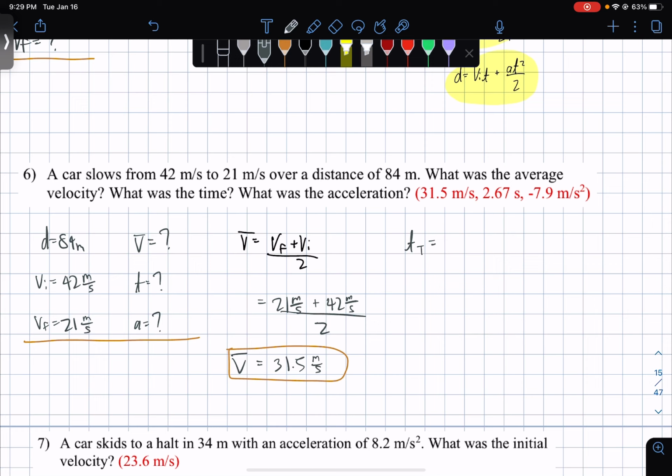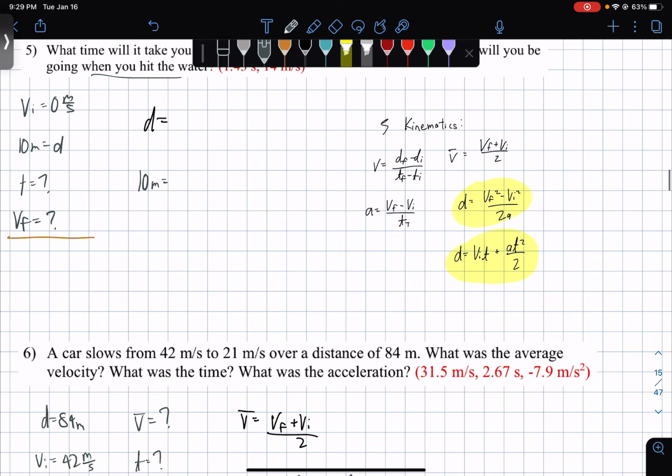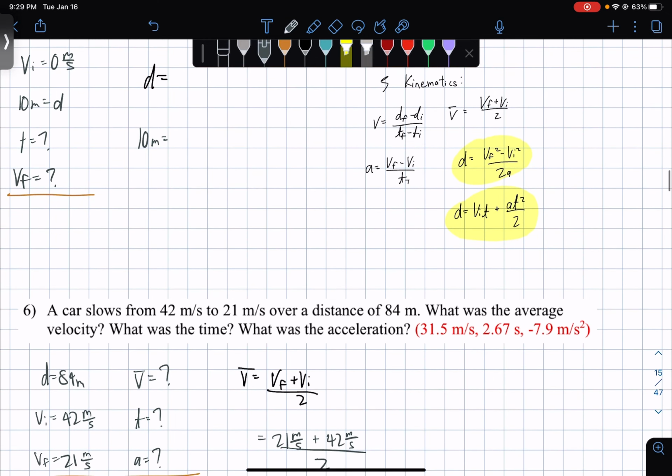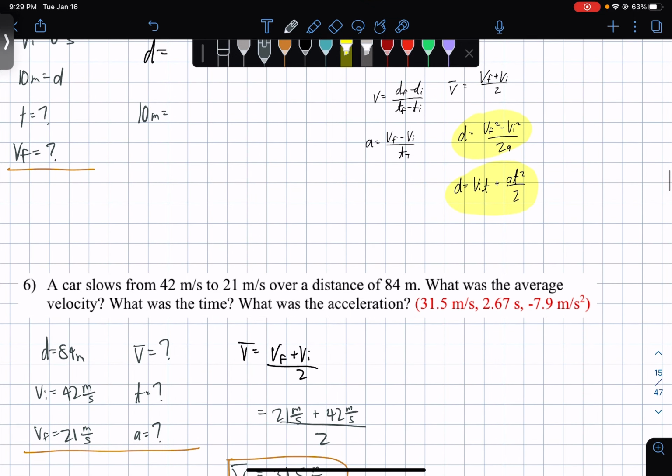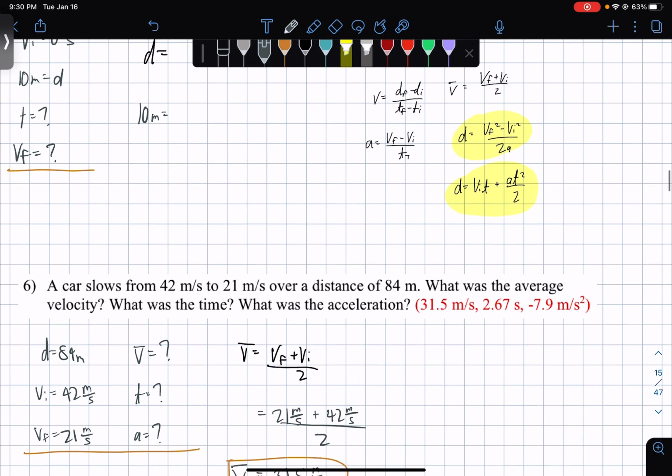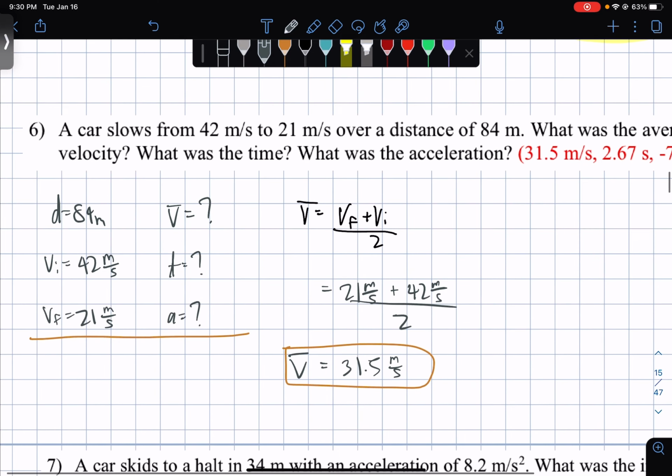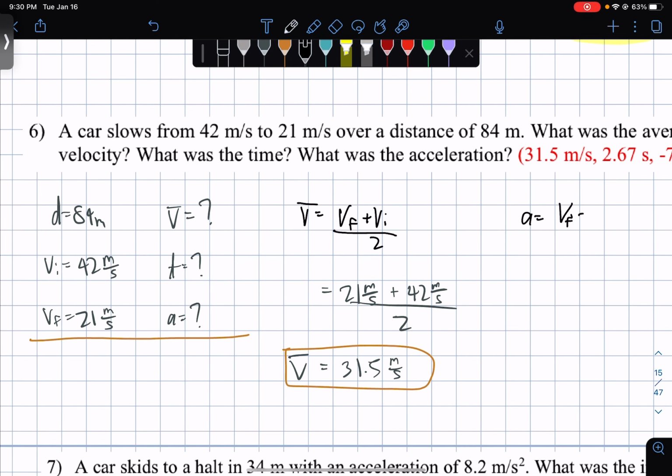Time total is equal to, well, what are the formulas? We do have distance, but acceleration is missing. Let's calculate for the acceleration first. So acceleration is VF minus VI over time total.